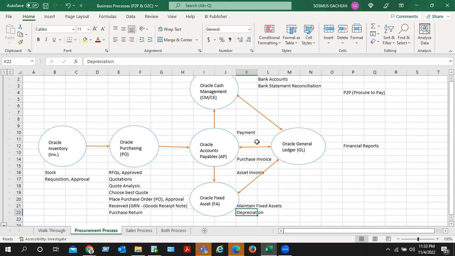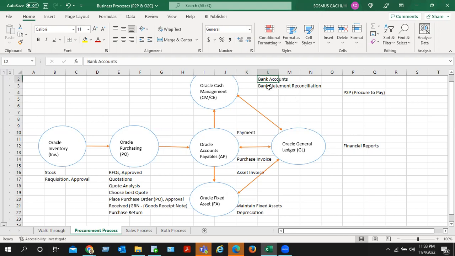Then after that, once the payment has been done for these invoices, it will be communicated to the Oracle Cash Management Department, and this department, through the Oracle Cash Management application, will maintain bank accounts for the organization.